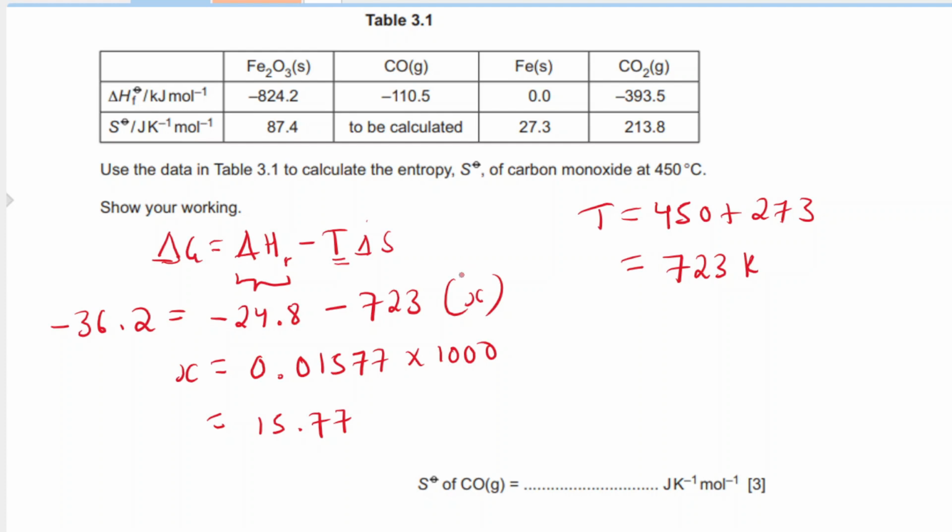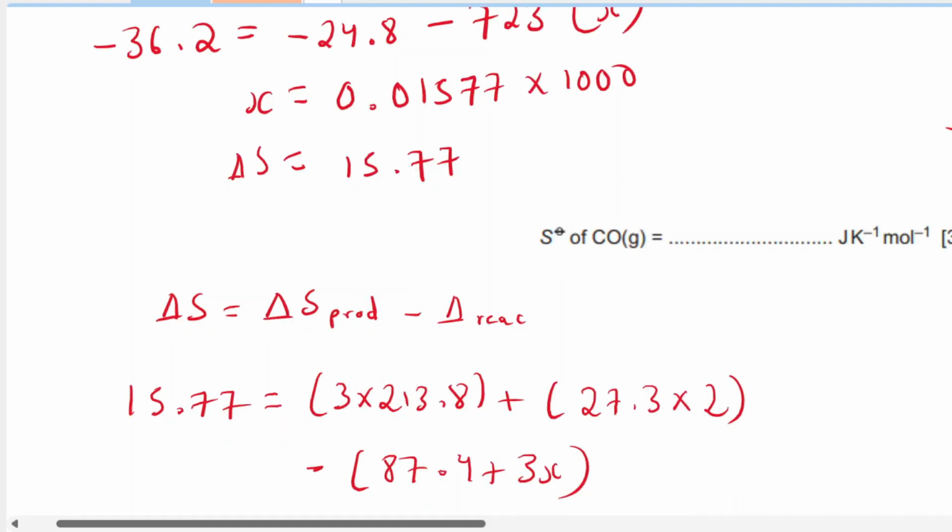Now we can find the entropy of CO because we have found the total entropy change. This is ΔS. Now we can expand this ΔS, and remember the formula for entropy change of the system was the total entropy of the products minus the total entropy of the reactants. And ΔS is what we have over here, 15.77. And for the total entropy of the products, you just multiply them.